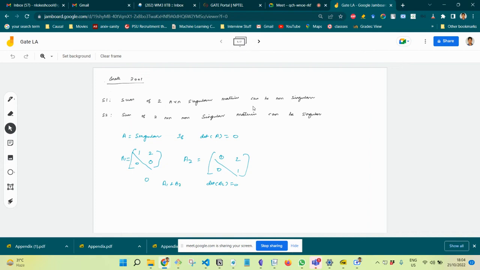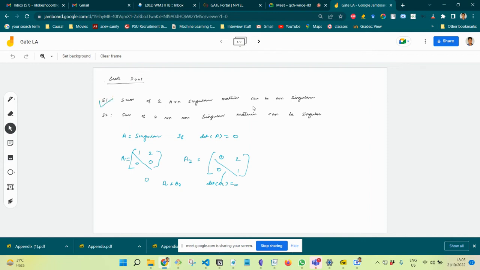That is why statement 1 is correct. Is it clear? When you sum two upper triangular matrices that have determinant 0, it is possible to construct one more matrix, via the sum, that has no 0 in the leading diagonal. That is why statement 1 is correct.